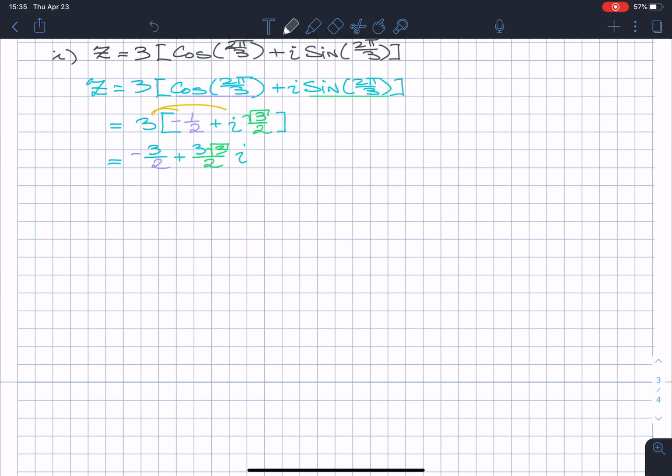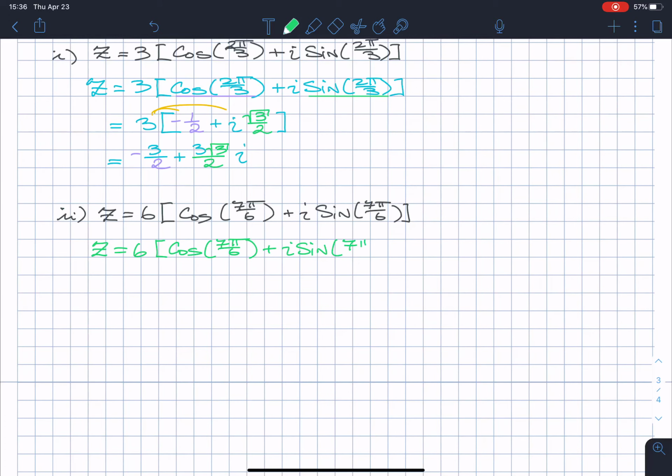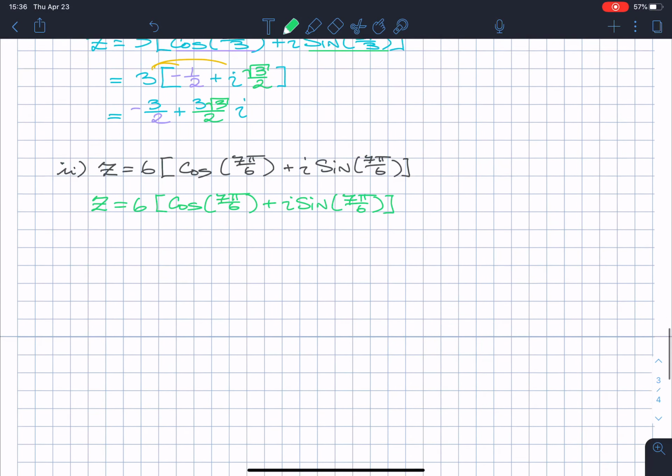Okay, let's do another one. So number 2. Let's say we have that z is equal to 6 times the quantity cosine of 7 pi over 6 plus I times sine of 7 pi over 6. Okay, so what do we have? I'll do this in green. So z is equal to 6 times cosine of 7 pi over 6, which is in quadrant 3, plus I times sine of 7 pi over 6. So it's a pi over 6 reference angle in quadrant 3.